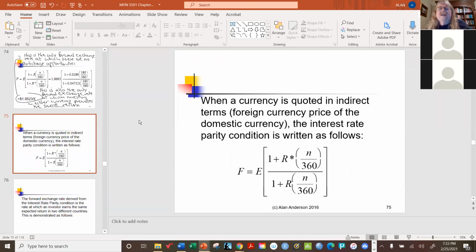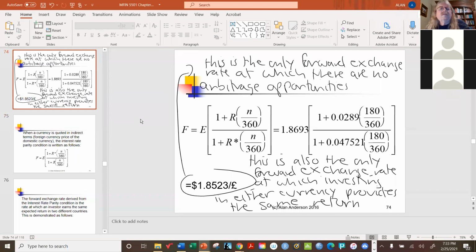By the way, I do want to point out one more thing here. This is kind of important because you know that exchange rates can be quoted as dollars per unit of foreign currency or the other way around. Here, what we're assuming is this. This is domestic. This is foreign. And then E and F will both be dollars per foreign currency, which I'll abbreviate FC.